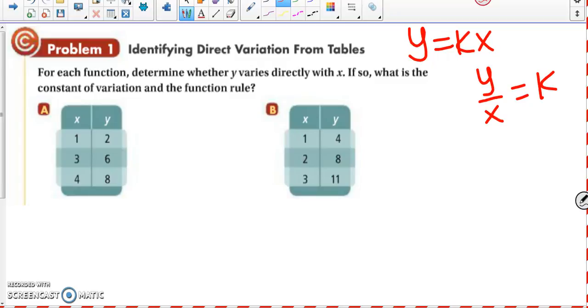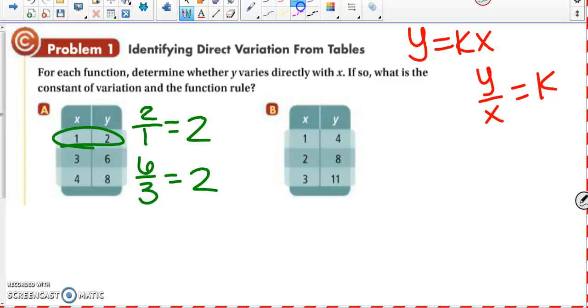So I'm going to look at this second equation, y divided by x is equal to k, to see if for every ordered pair we have the same k value. So 2 divided by 1 is equal to 2. 6 divided by 3 is equal to 2. 8 divided by 4 is equal to 2.